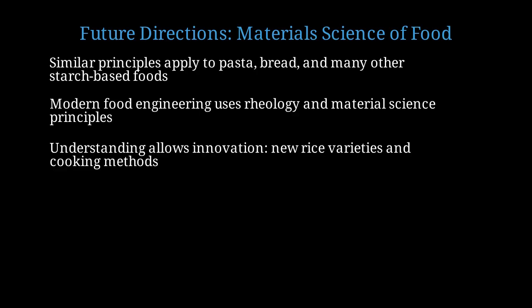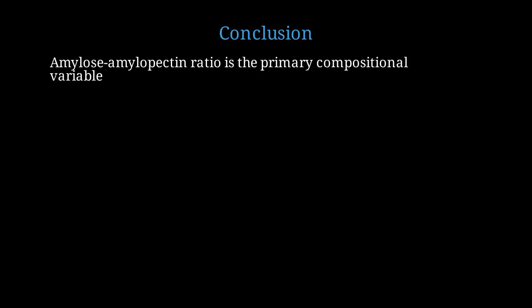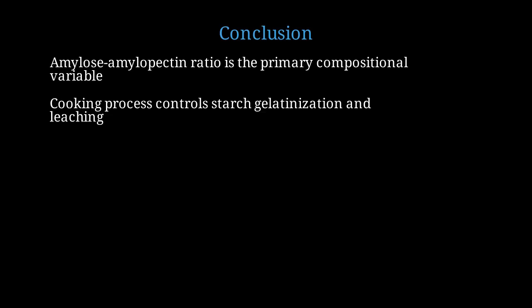In conclusion, rice texture is determined by a beautiful interplay of granular mechanics and starch polymer chemistry. The ratio of amylose to amylopectin is the primary compositional variable. Low amylose means high stickiness, high amylose means separation. The cooking process controls the extent of starch gelatinization and surface starch leaching, which determine the properties of the adhesive gel layer between grains.